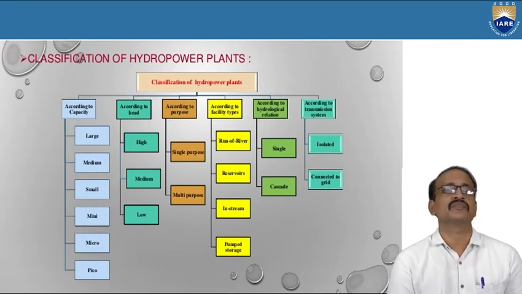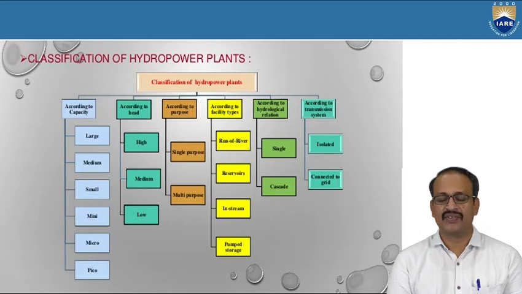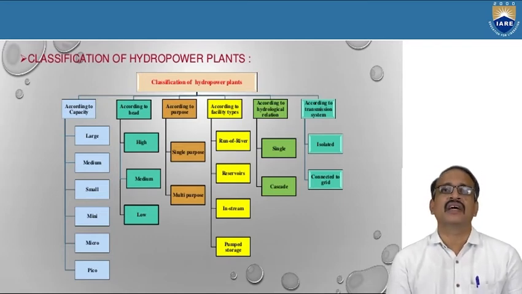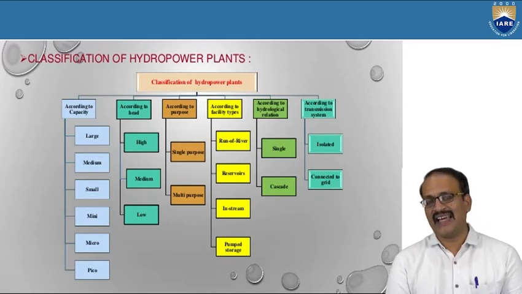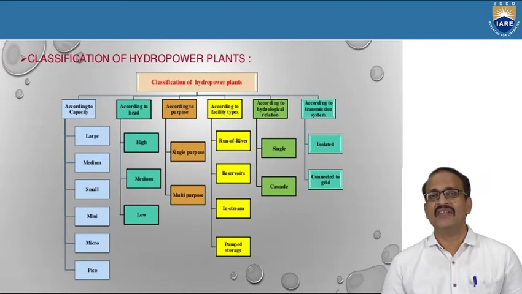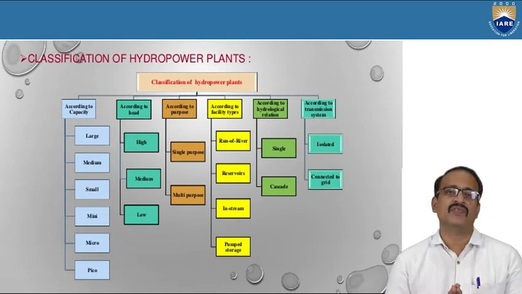Along with whether the dam is a large dam or a medium dam, within that large dam, again, whether it is a high head, a medium head or a low head, it will make a huge difference.